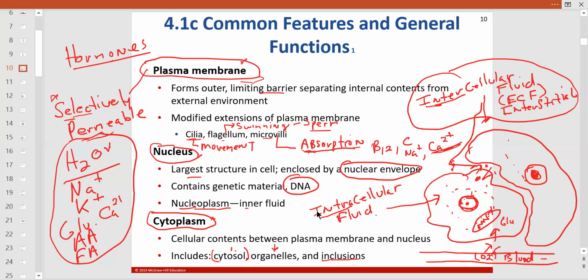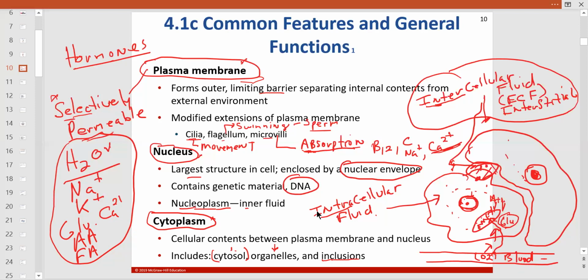So oxygen goes into the interstitial fluid, goes into the cell, and then into the mitochondria, which is a membrane-bound organelle. Glucose doesn't really go into the mitochondria. It's broken down out here through glycolysis. And then the byproducts go into the mitochondria to make a whole boatload of ATP so they can help move things in and out of a cell if it needs energy, if it costs something.